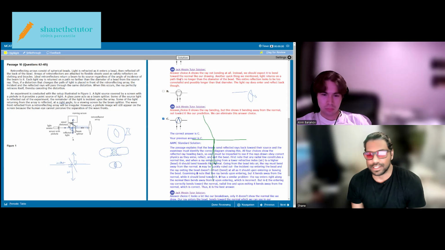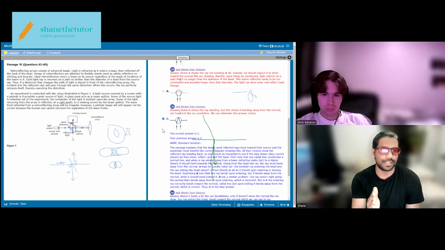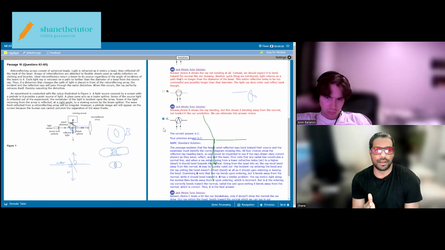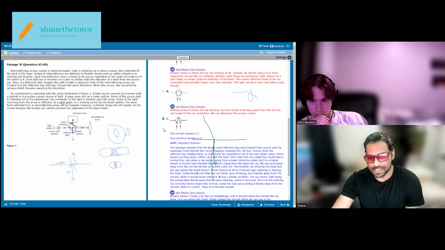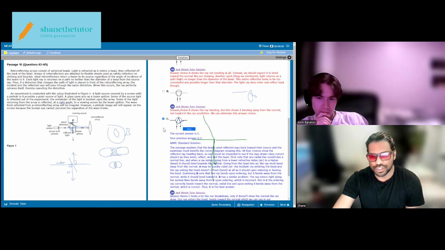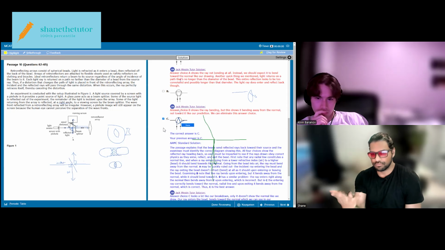I think in addition to that, your reasoning of light entering a denser medium would move towards the normal. So if this is the interface and this is the right angle, it should move towards that normal. So your reasoning works as well.